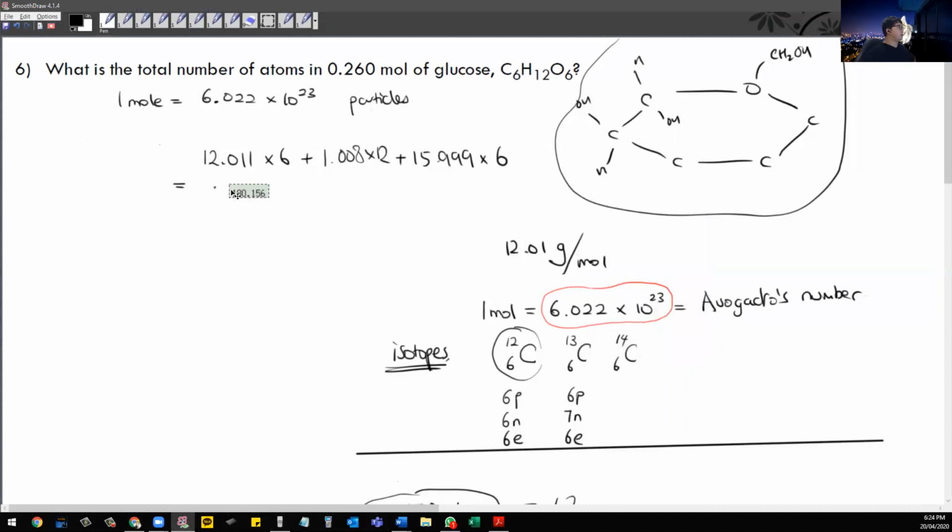So what is that number? Well, you can call it many different things. If there's no unit, then just call 180 the relative mass. In this case, this is made up of a bunch of atoms, so you can't call it relative atomic mass. You can call it a relative molecular mass.